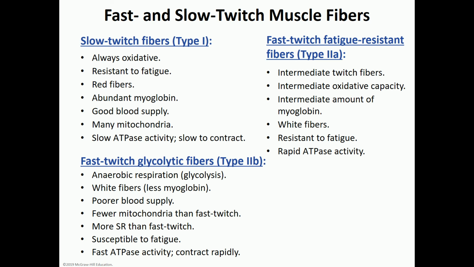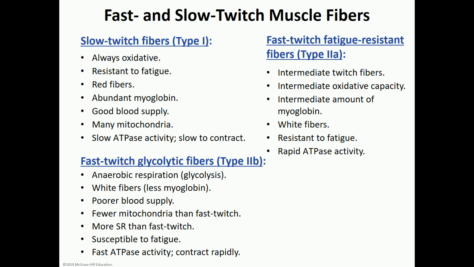Now, these are the fibers that you want to think of when you watch or when you sprint, okay? So when you're sprinting, those very first fibers that get you started, those are the fast twitch glycolytic fibers type 2B. So again, they are able to contract very fast, giving you that sprint that you see at the very beginning or that you perform at the beginning.